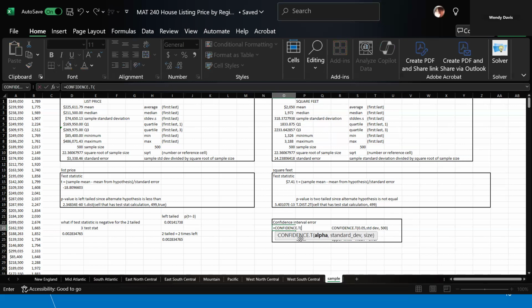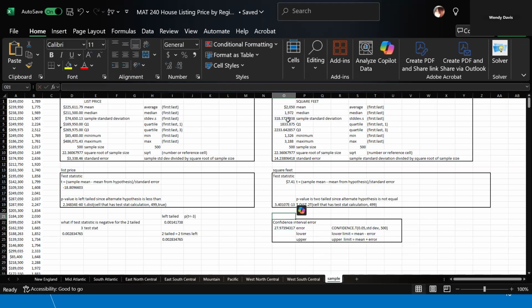Our alpha is 0.05 because it said a 95% confidence interval. We're using our standard deviation, refer back to the cell, comma, size. That means sample size, which is 500.